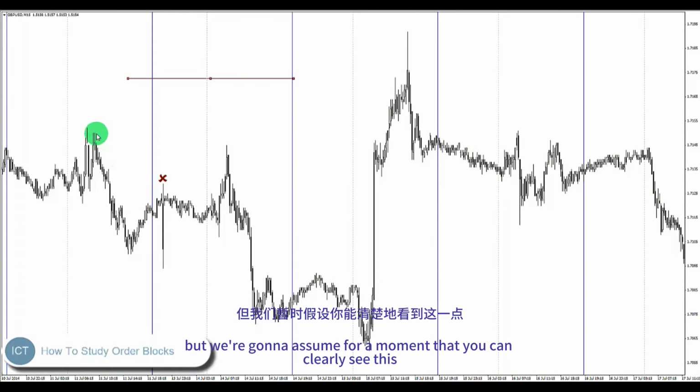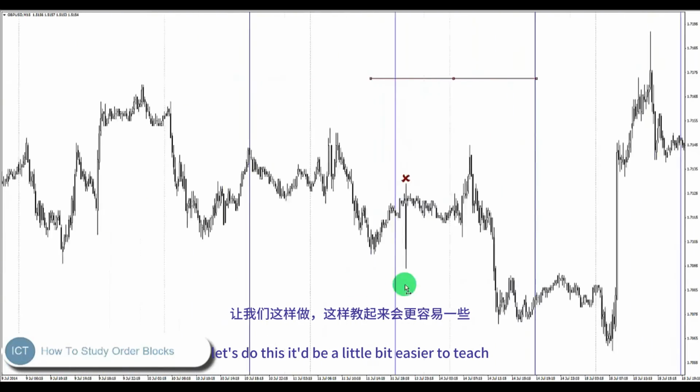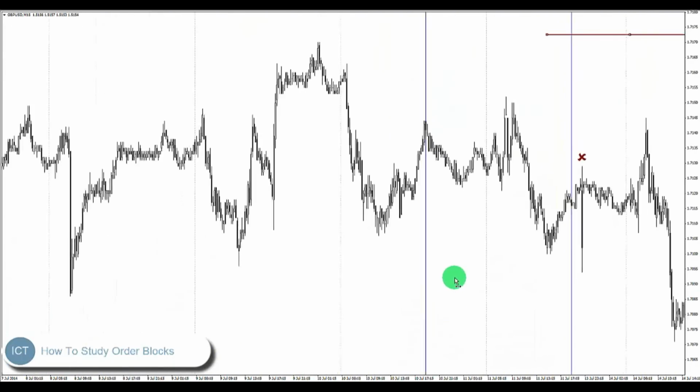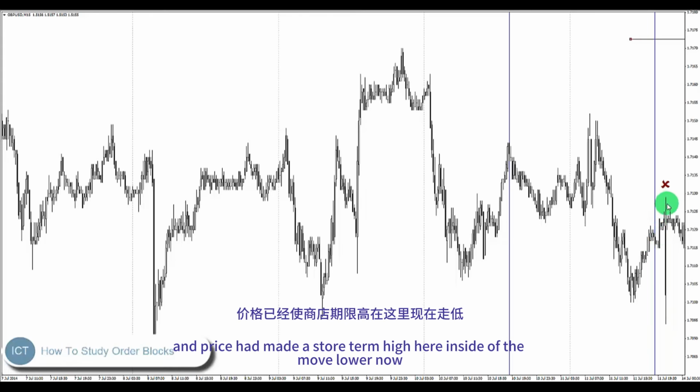But we're going to assume for a moment that you can clearly see this price leg here. Okay, assuming, let's do this, it'll be a little bit easier to teach like that. Okay, now we had a price swing here, drop lower. Price had made a short-term high here and started to move lower.